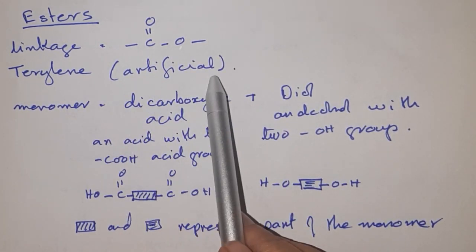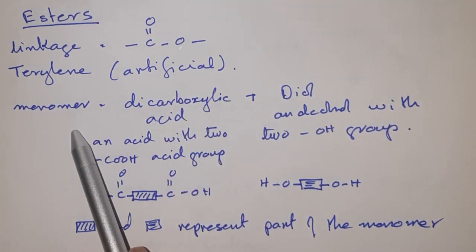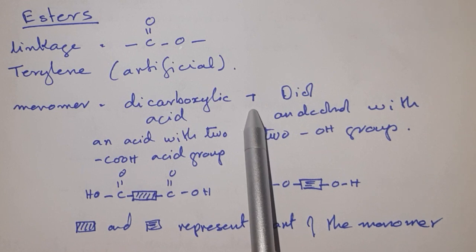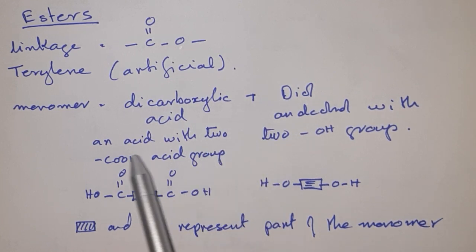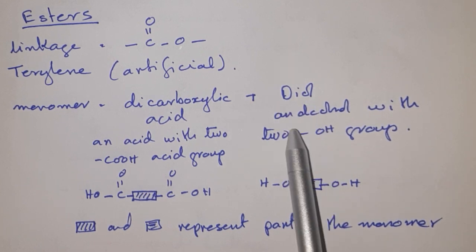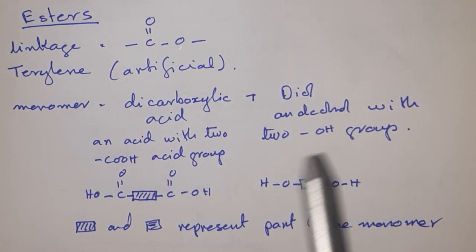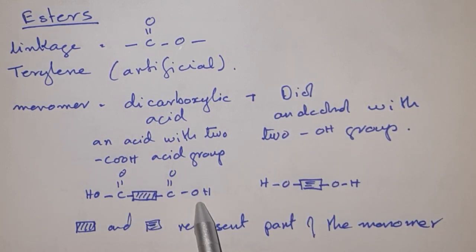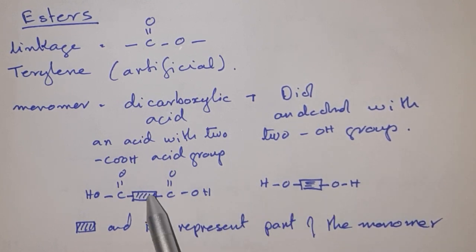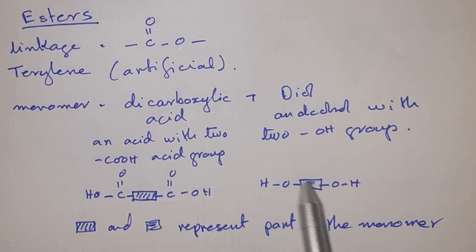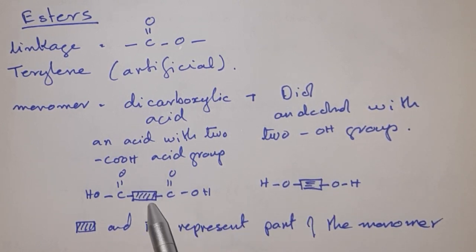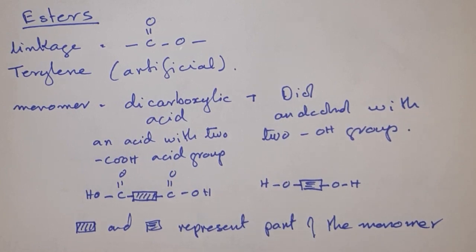Terylene is artificial, and its monomers are a dicarboxylic acid, as we used in nylon, an acid with two carboxylic groups, and a diol, that is an alcohol with two OH groups. This is the dicarboxylic acid, and this is a diol with two OH groups. Again, I have drawn the lines like this, which represent part of the monomer and show that they are different from each other.